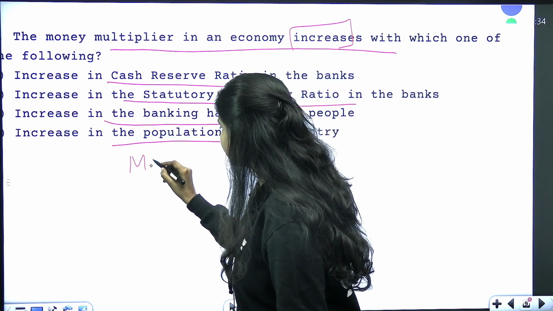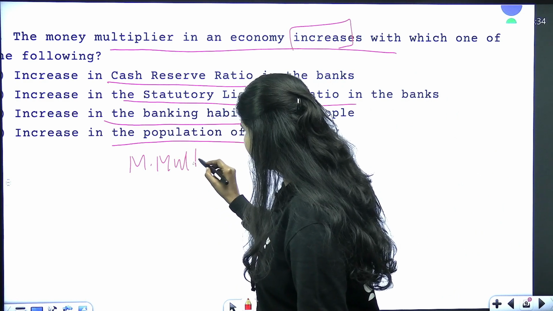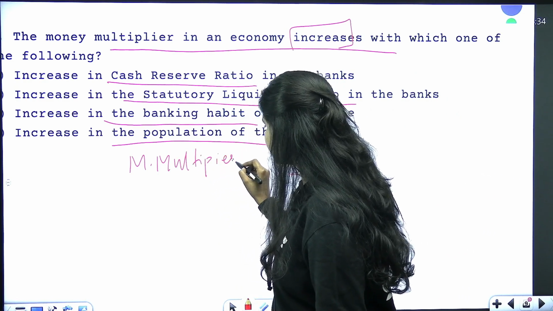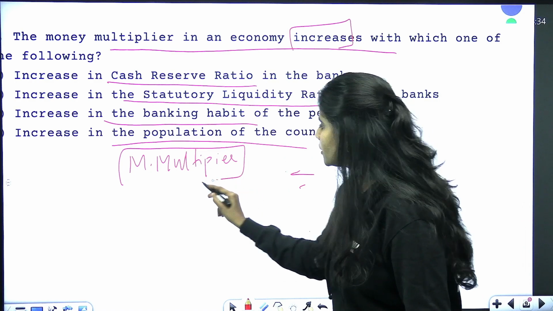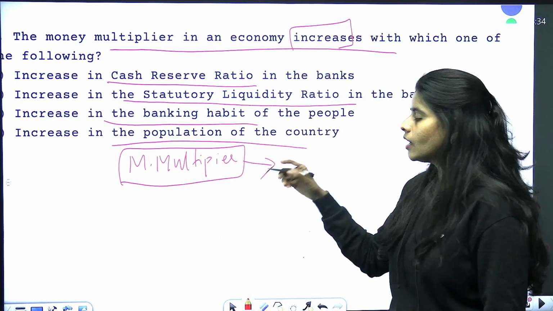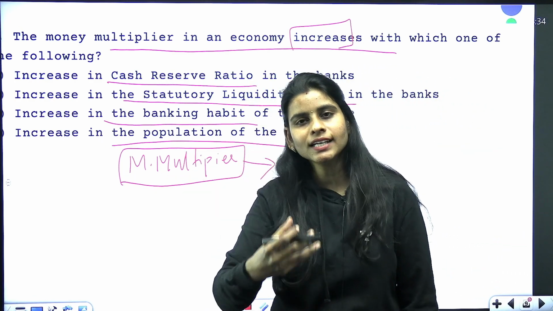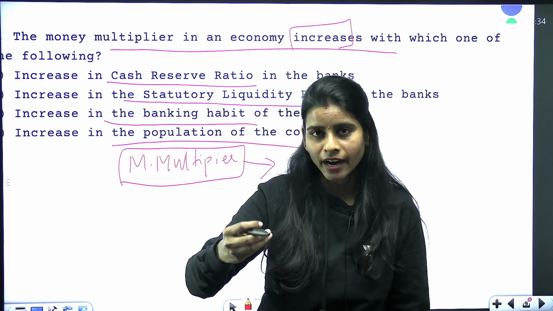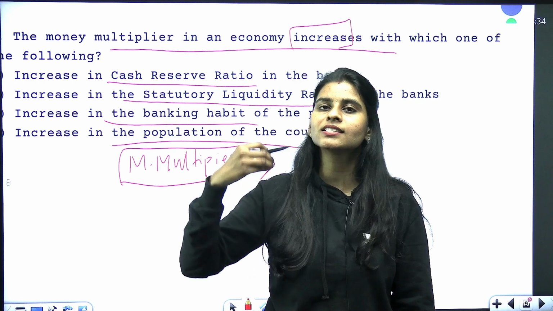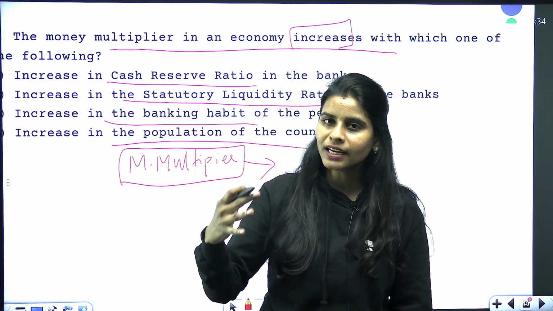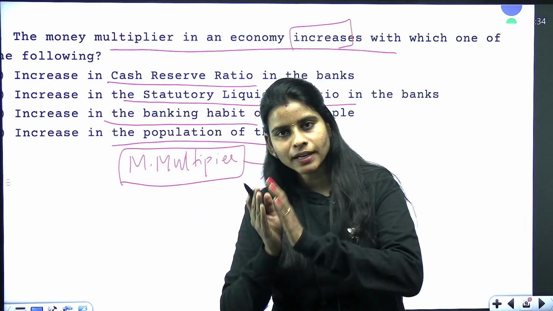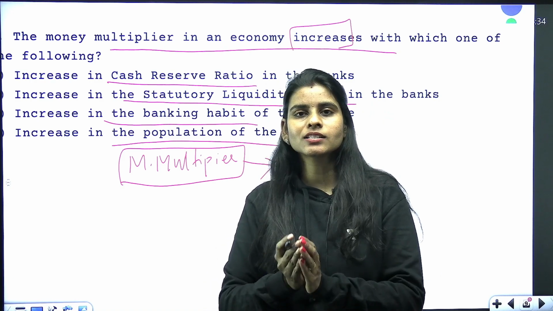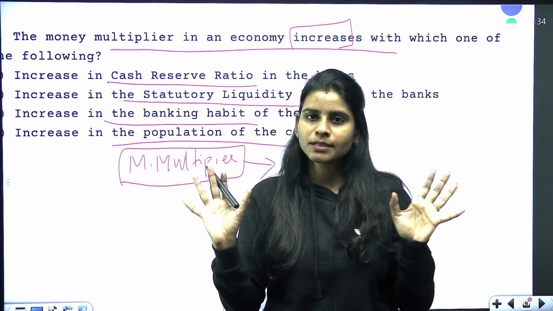So money multiplier is nothing but the term that is going to decide how much amount of money that a bank has created. So if the money multiplier is higher, it means that bank has generated more amount of money or credit. If the money multiplier value is less, it means that bank has generated less amount of money.